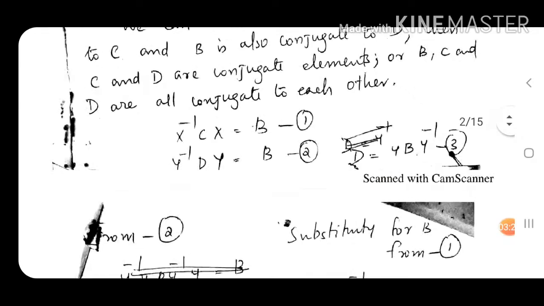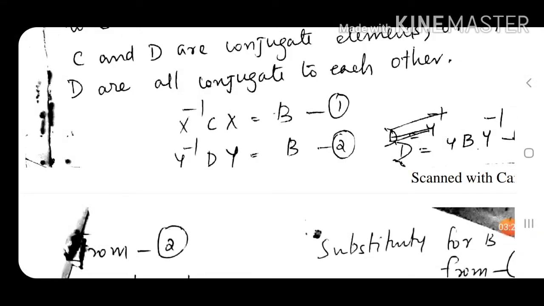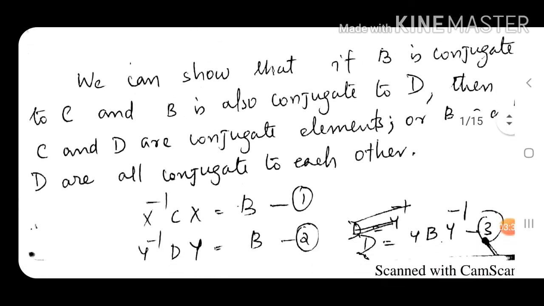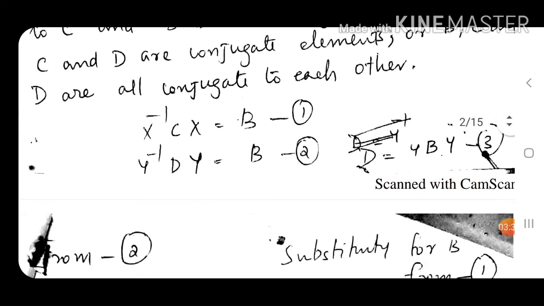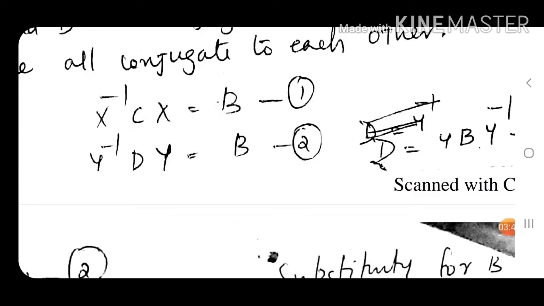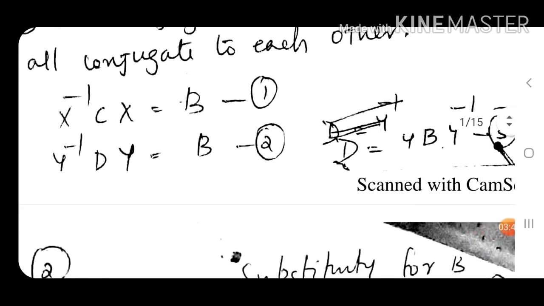So B is conjugate to C. That is written in equation 1, x inverse Cx equal to B. And we say B is also conjugate to D, so y inverse Dy is equal to B. That is equation 2. So equation 1 says B is conjugate to C. Equation 2 says B is conjugate to D.